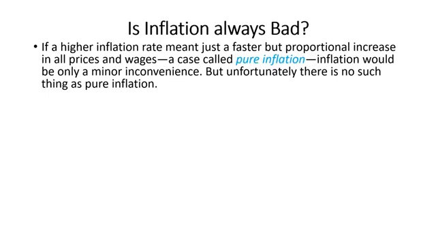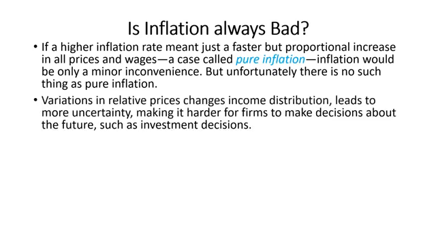But unfortunately, there is no such thing as pure inflation. We see that prices of some of the goods increase at a higher rate while prices of some of the goods increase at a lower rate. Therefore, variation in relative prices changes income distribution, which leads to more uncertainty and makes it harder for firms to make decisions about the future.